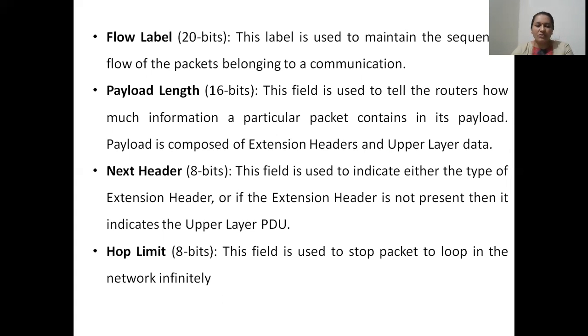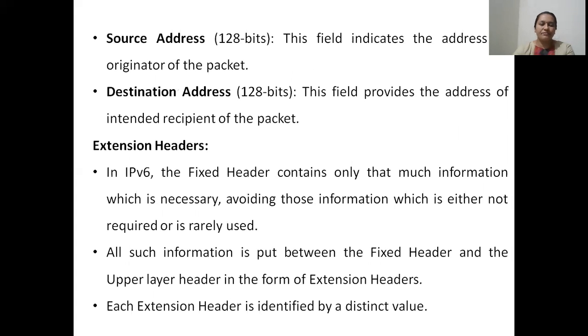This field is quite similar to the time to live field of IPv4, so that within a limited time frame, the packet can reach its destination. In order to stop the packet from looping infinitely in the network, the hop limit field of 8 bits is very useful in IPv6.